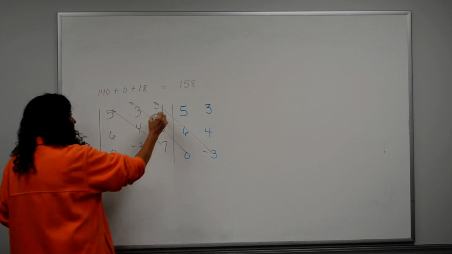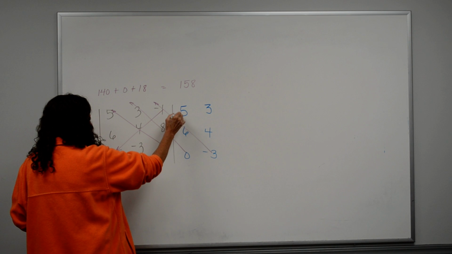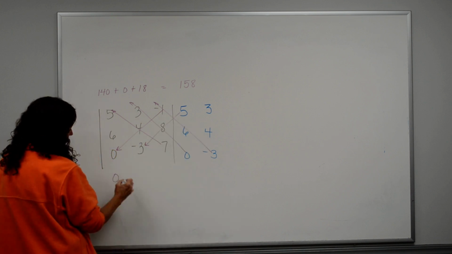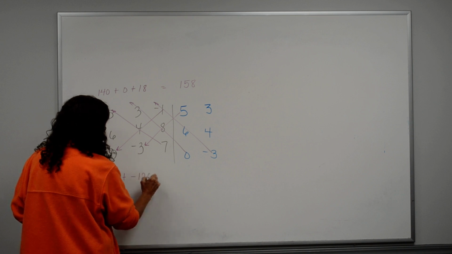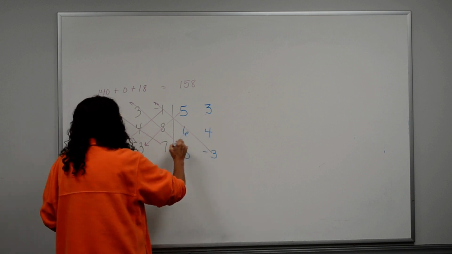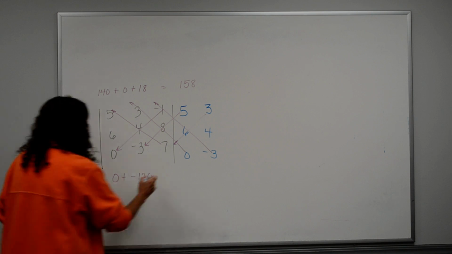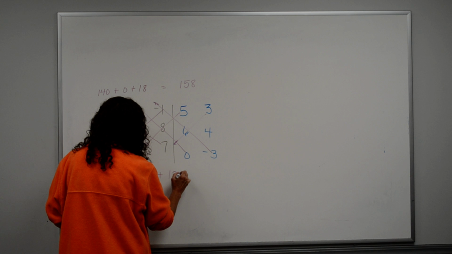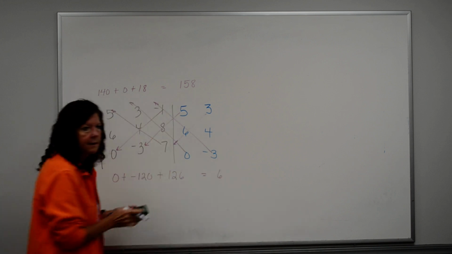Then I'm gonna do the same thing, doing the diagonals going down. 0, and that's gonna give me a negative 120. And that's gonna give me whatever 42 times 3 is, positive 126. When I add these, I'm gonna get a 6 down here.